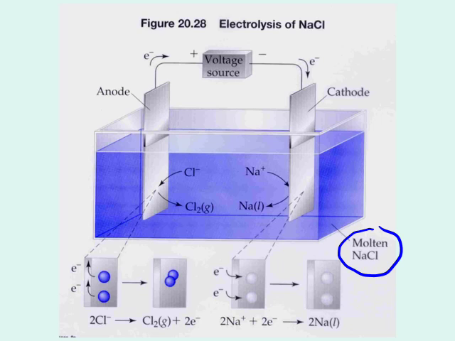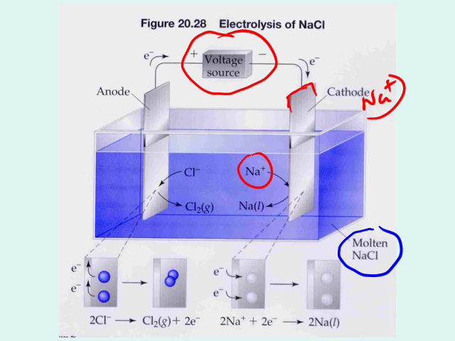That molten sodium chloride would have Na+ and Cl-, and so Na+, as you can see here, is going to absorb electrons because you have a voltage source attached to it, and you are attaching the end which is pumping electrons in that direction. So in other words, the negative end of that cell would be attached to this end of the electrode, which would be acting as a cathode, and Na+ is going to absorb that electron, becoming sodium.